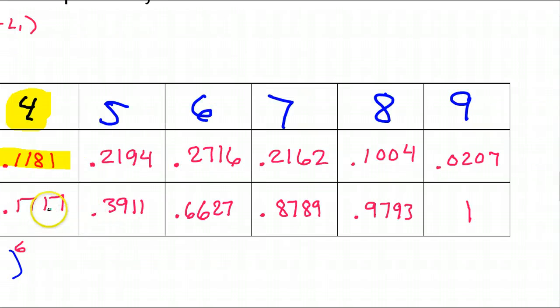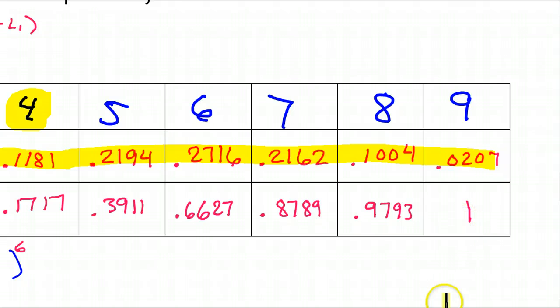Alright, notice as these numbers got bigger and bigger: 0.39, 0.66, 0.87, 0.97. In the end, they should all add up to 1, because by the time you get to the end, what you have just found is the sum of all the numbers. This last one is the sum of all the probabilities.